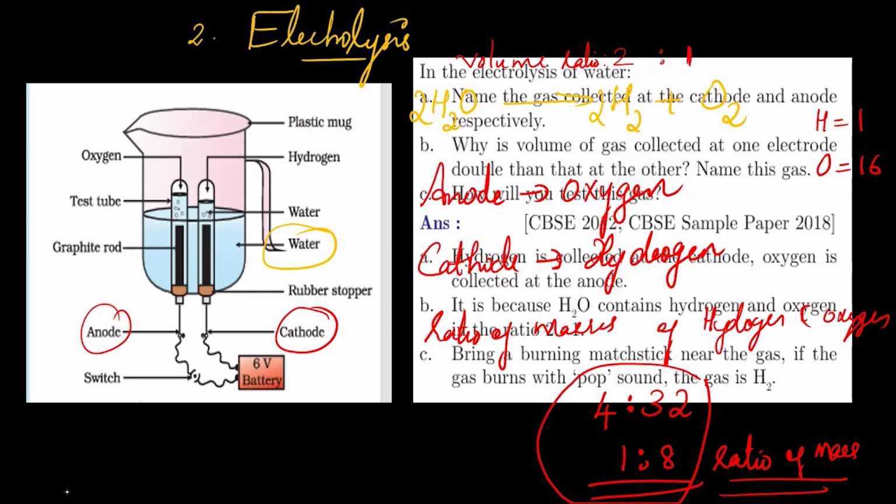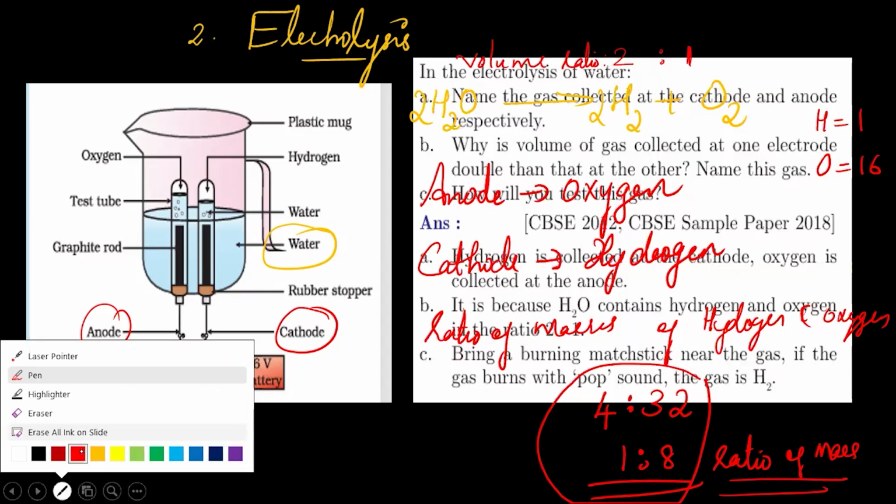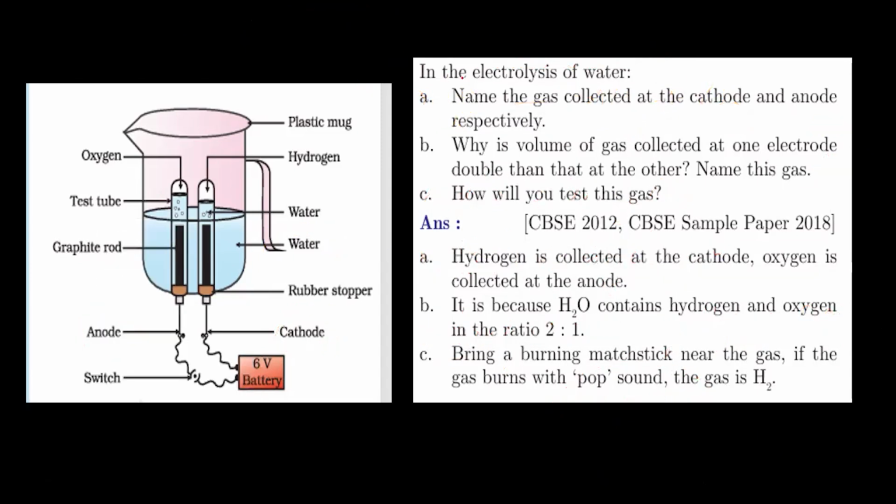Now let us see some examples. You have to name the gas collected at cathode and anode. Simply from the picture, you will get the idea: hydrogen gas at the cathode, and oxygen at the anode.